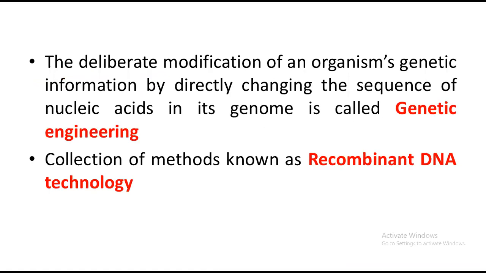Now here comes genetic engineering. So what really happens in genetic engineering? The deliberate modification of an organism's genetic information by directly changing the sequence of nucleic acid in its genome is called genetic engineering. That is, when we alter the normal sequence of the DNA of an organism to a new sequence, this is known as genetic engineering.